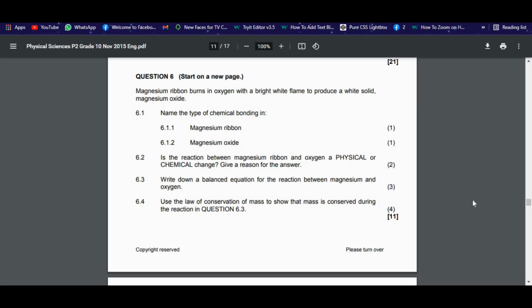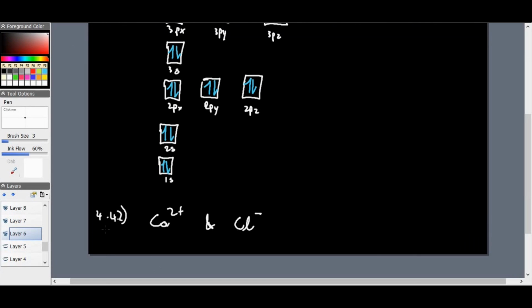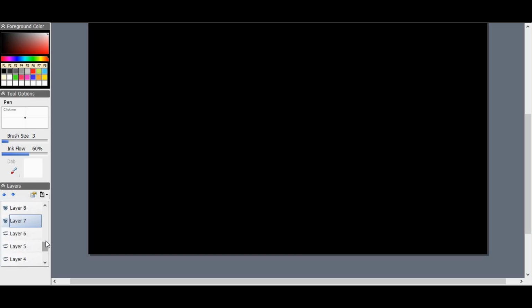Question 6 does look like something we've done. Magnesium ribbon burns in oxygen with a light white flame to produce a white solid, magnesium oxide. Name the type of chemical bonding found in the magnesium ribbon as well as magnesium oxide. Now that I know we can do. Well, first of all, we know magnesium is a metal.